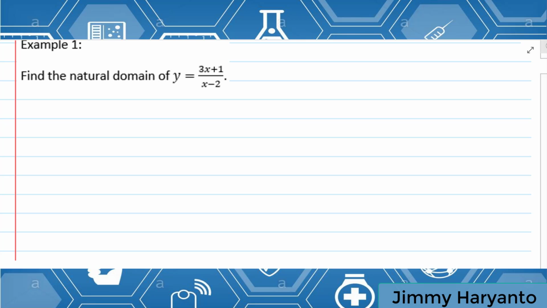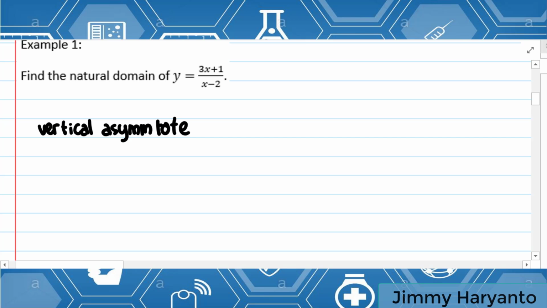First you have to find the vertical asymptotes by making the denominator equal to 0, so you will get x equals 2.